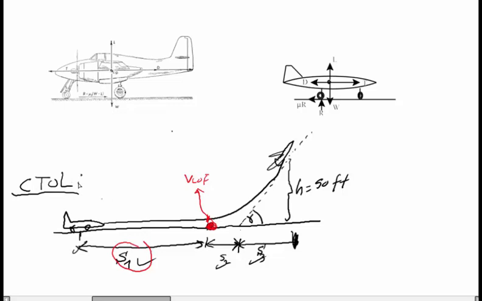It has a specific feature: the thrust to weight ratio will be moderate, around 0.3. If you divide the thrust force over the weight, it will be around 0.3. So as I said, we need to find this S1.